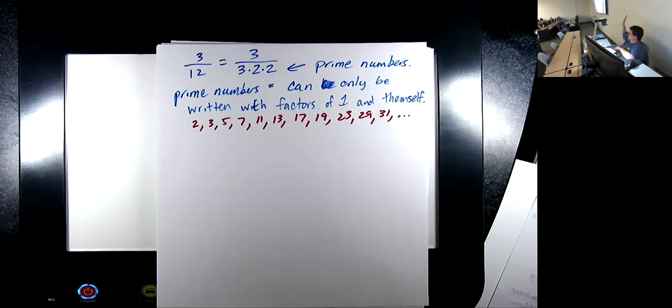Does anyone not know the difference between an even and an odd number? An even number is divisible, you can divide it by 2. An odd number you can't.